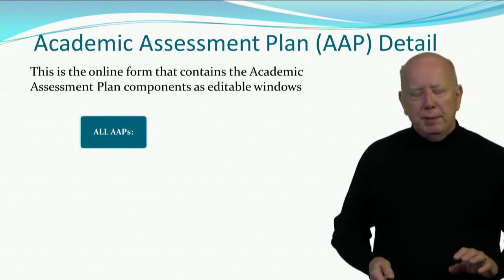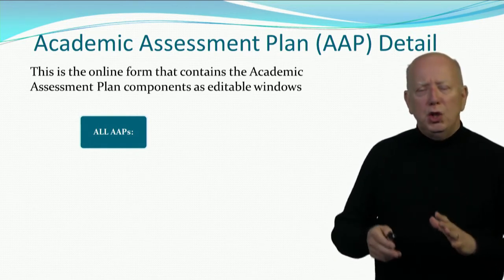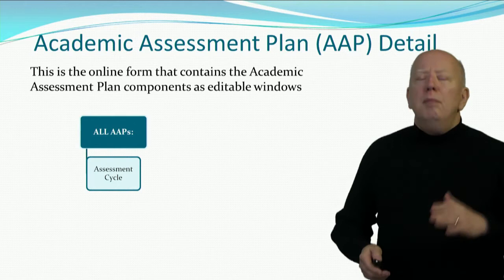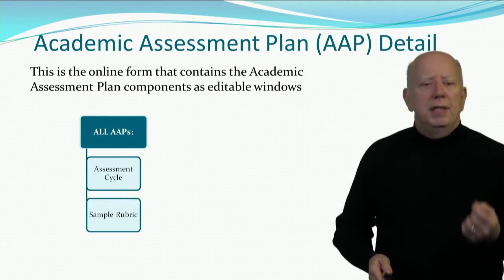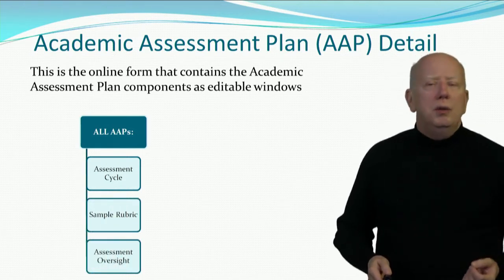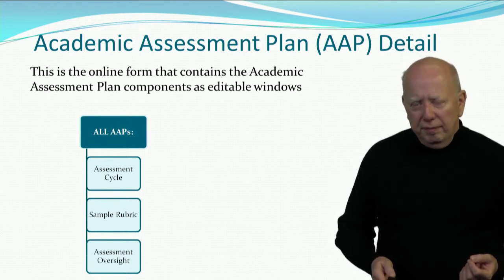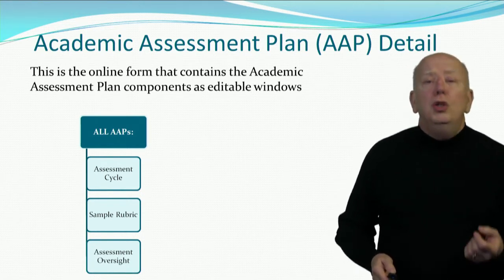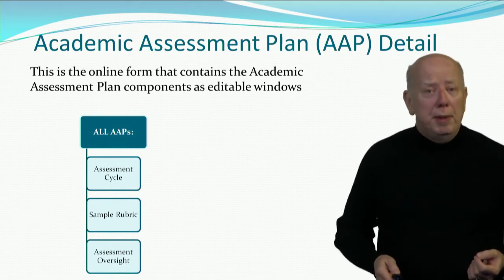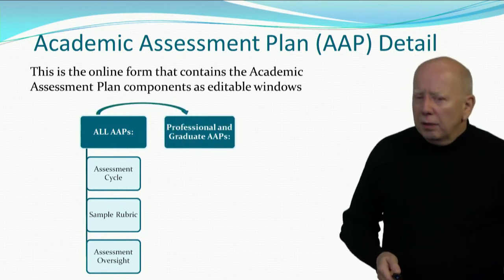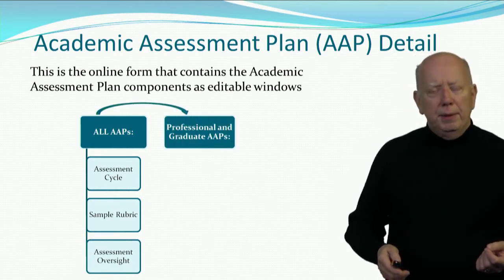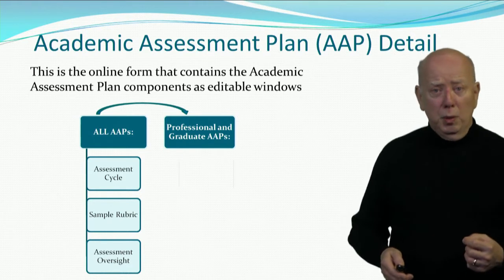Remember, all academic assessment plans, whether they're graduate, professional, undergraduate, or certificate, must have an assessment cycle, they must have a sample rubric, and also listing the assessment oversight individuals or individual who we would contact if we had a question about the plan. Now, the professional and graduate academic assessment plans have 3 additional sections that are required.